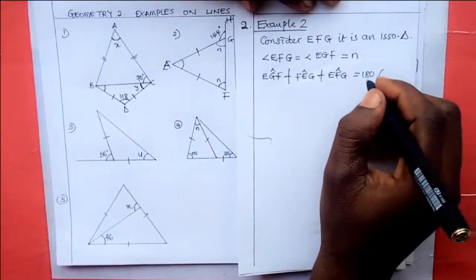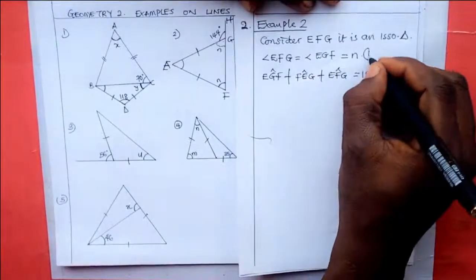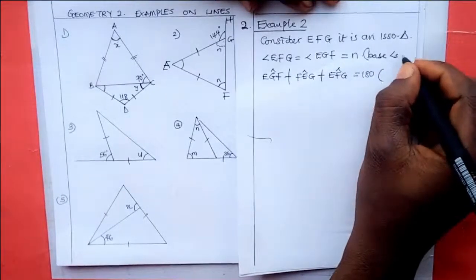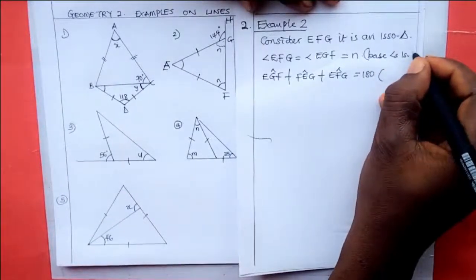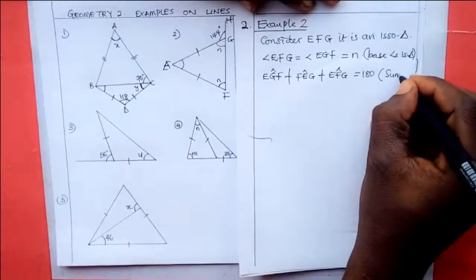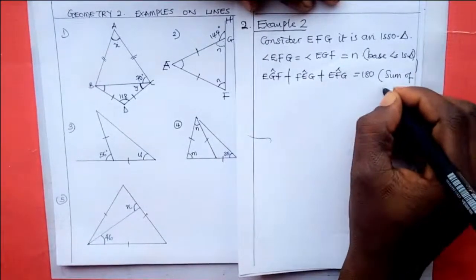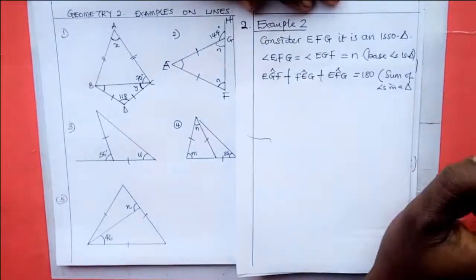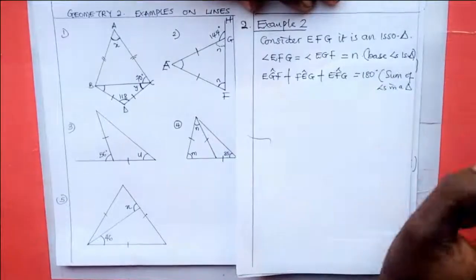Why? So I said this one, base angles of isosceles triangle. Here, sum of angles in a triangle are summed to 180 degrees.